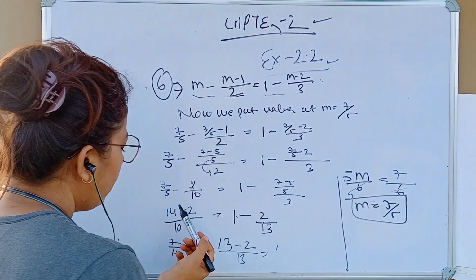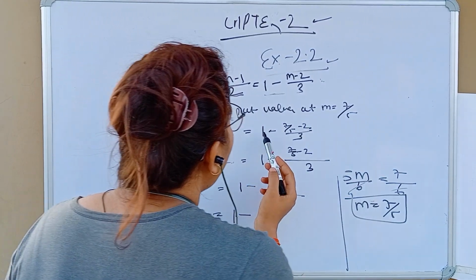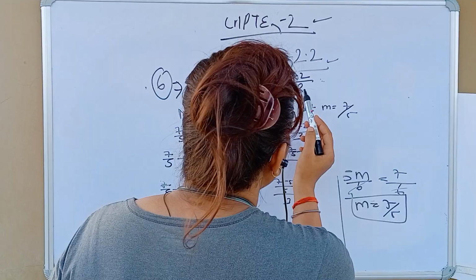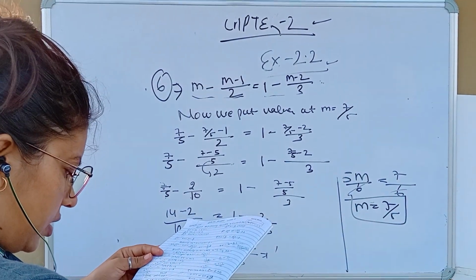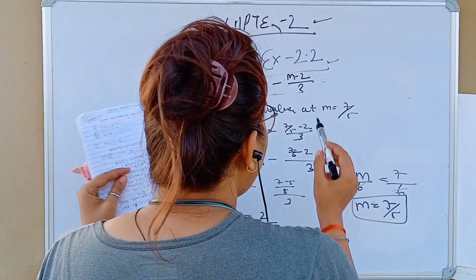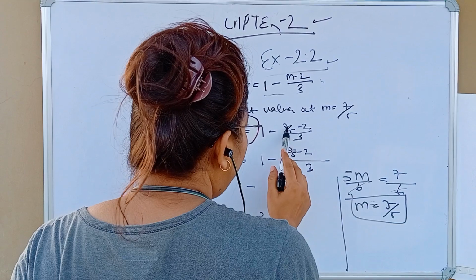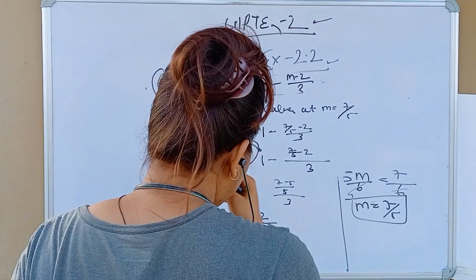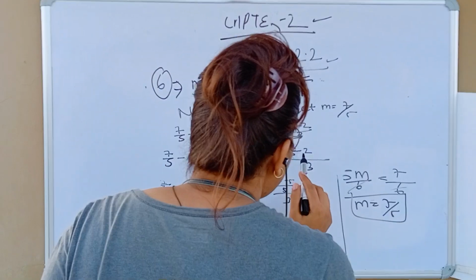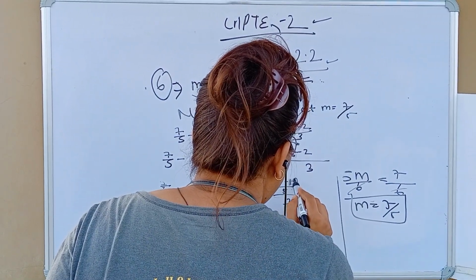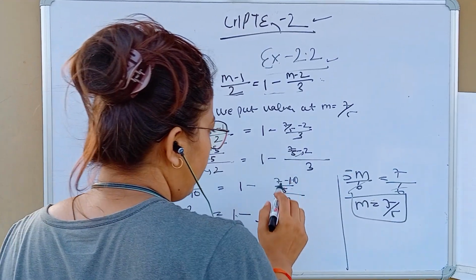Then 1 minus (7 by 5 minus 2) divided by 3. 5 multiplied by 2 is 10.